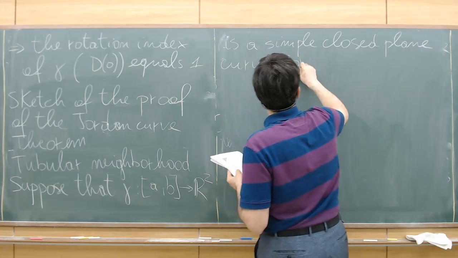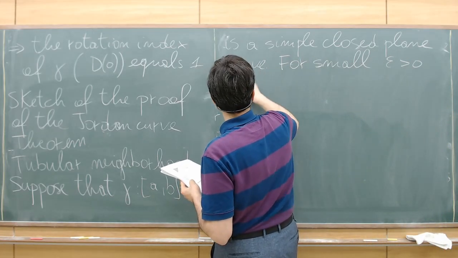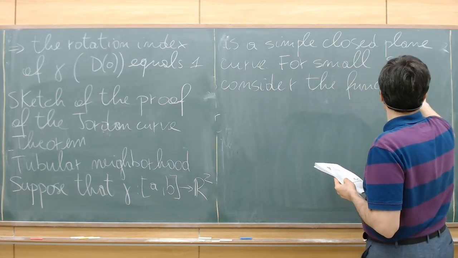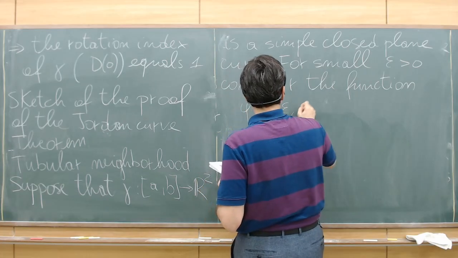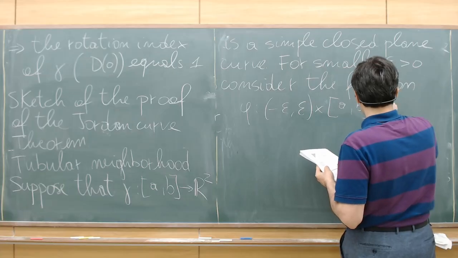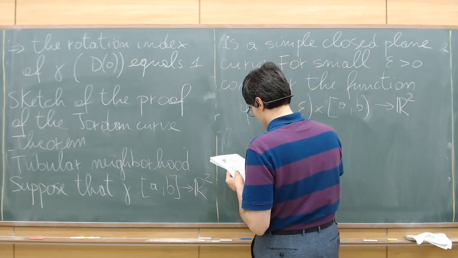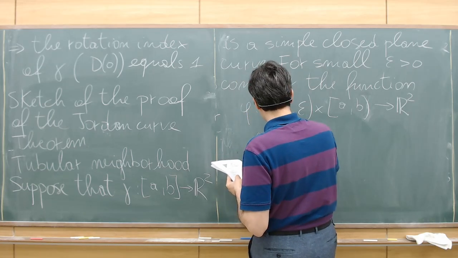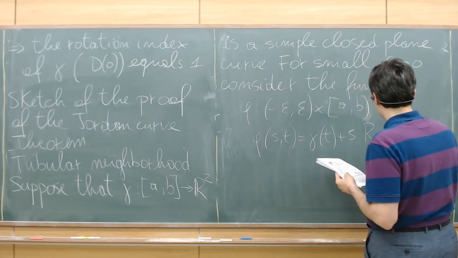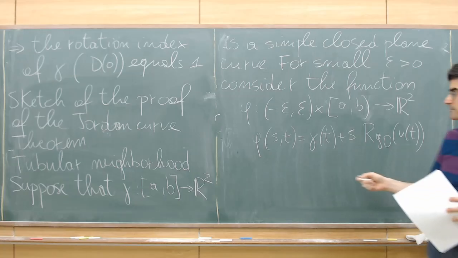Then for small epsilon positive, consider the function phi defined on minus epsilon, epsilon times AB with values in R2, defined as phi of S,T equal gamma T plus S multiplied by the vector R90 V of T, where V of T is the velocity vector of gamma.